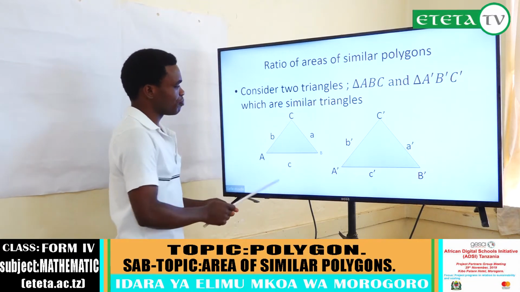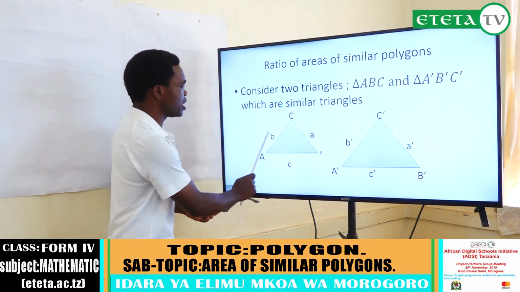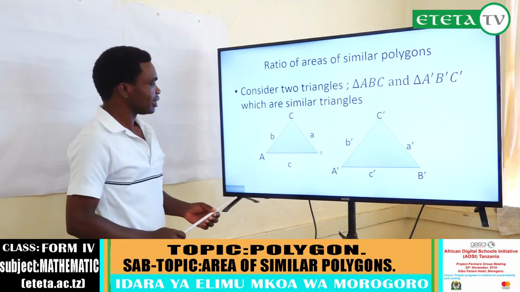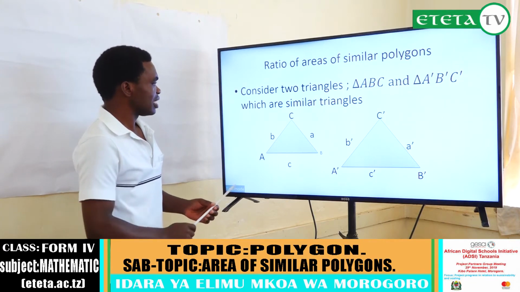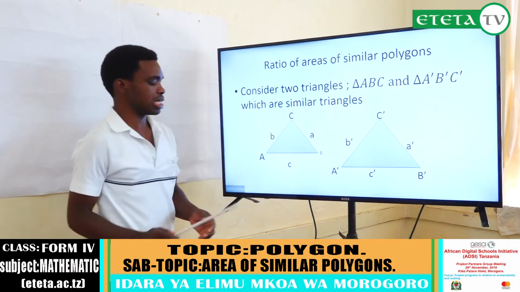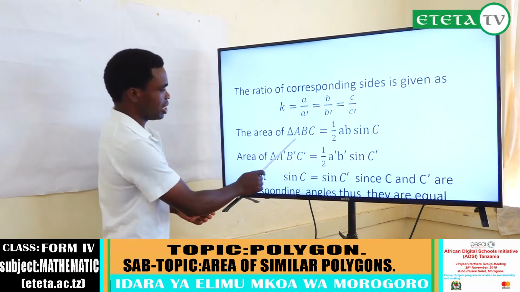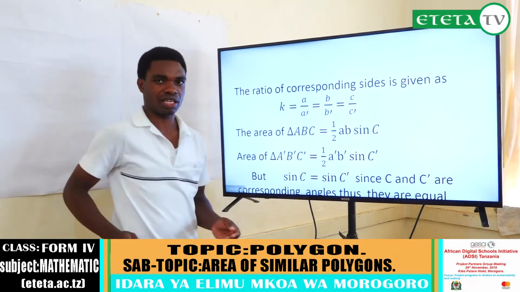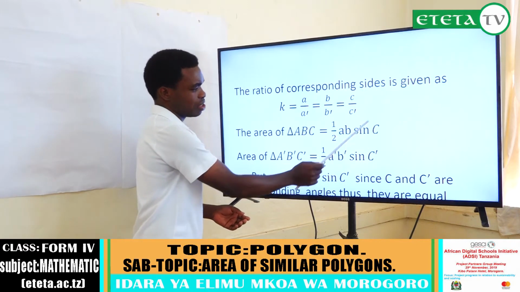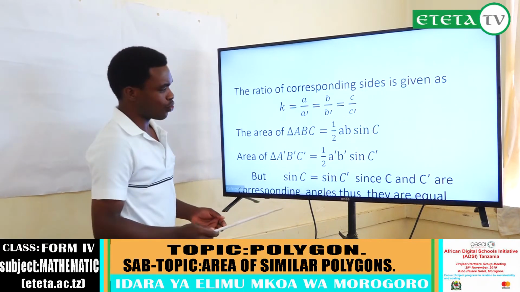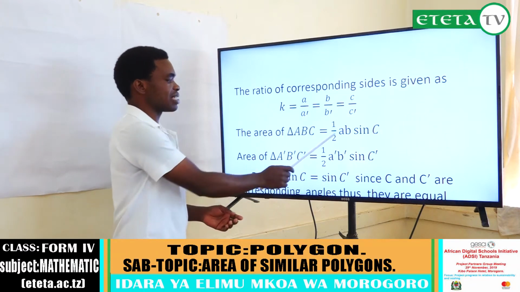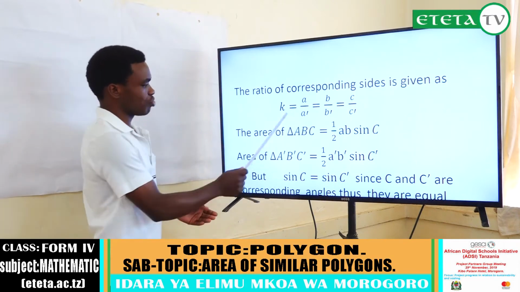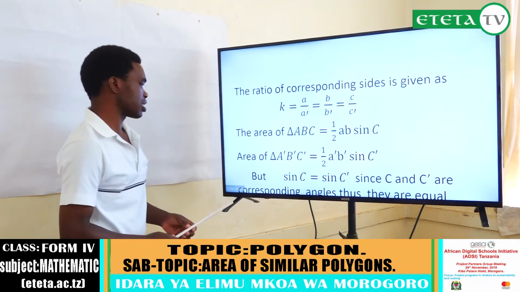Therefore, it is going to be a half times the product of these two sides, a and b, times the sine of the included angle, which is angle C. So it will be a half times a times b times sine C. This C is the included angle formed by side a and side b. Therefore, the area of triangle ABC is going to be half ab sine C.